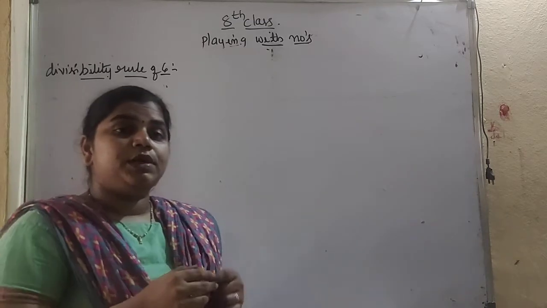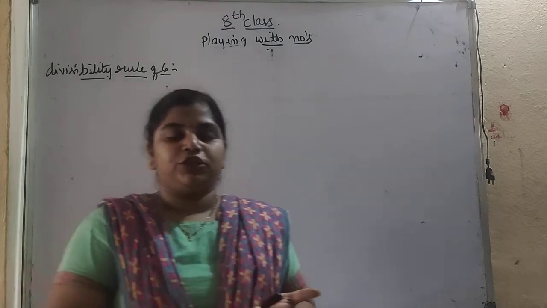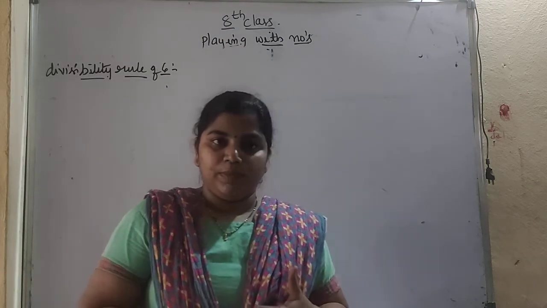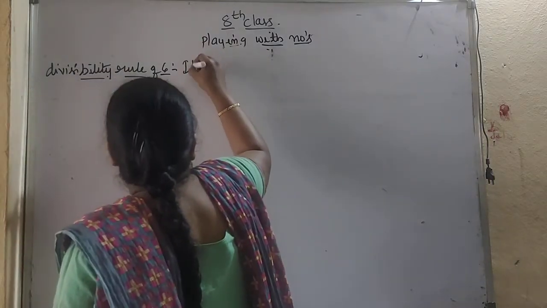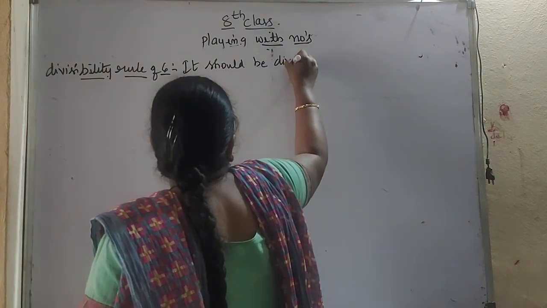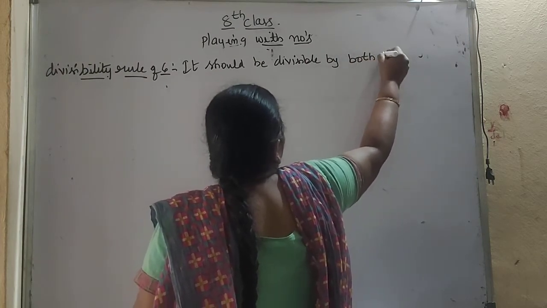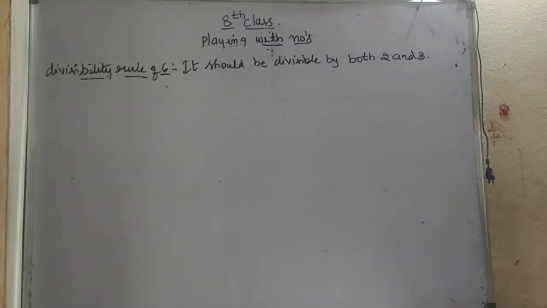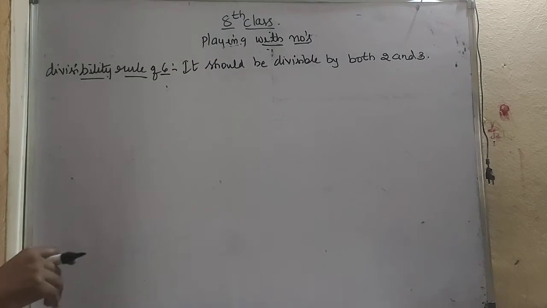It should be divisible by 2 and 3 both. The condition of 2 and the condition of 3 should be satisfied for a given number. Then only it will be divisible by 6. So the condition is: it should be divisible by both 2 and 3. Then only it will be divisible by 6.